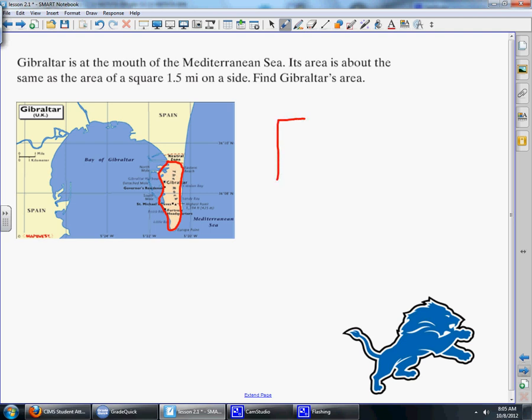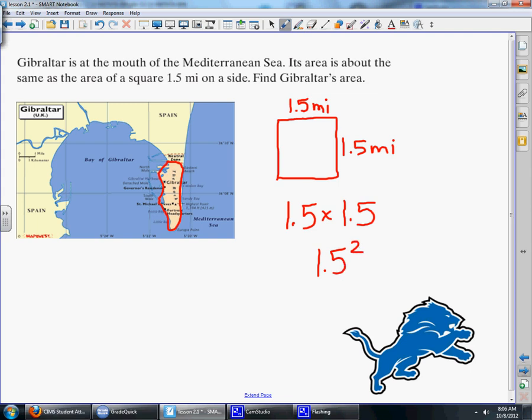So if we had a square and it's 1.5 miles on the length and 1.5 miles for the width, to find the area, we would multiply 1.5 times 1.5 or 1.5 squared.